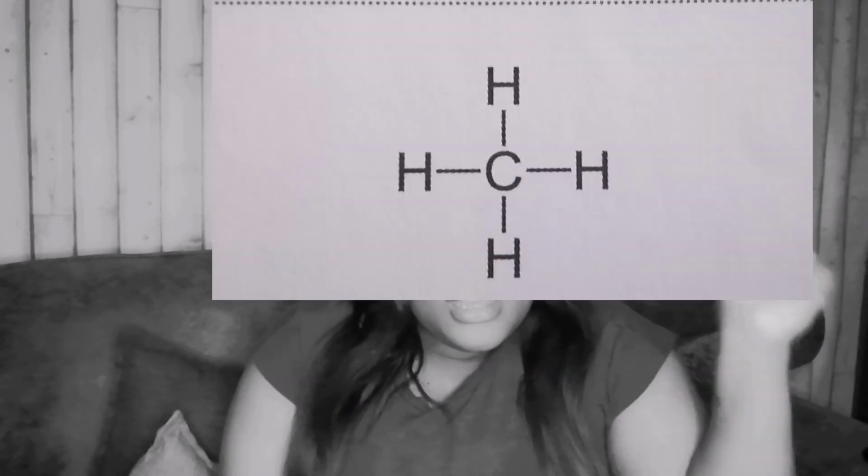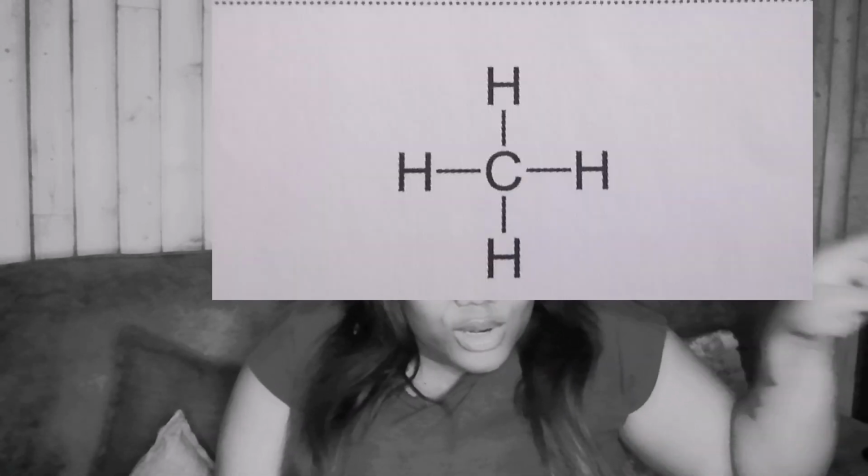You are expected to say CH4. That is the chemical formula for methane. The structural formula for methane will be C, chemical bond H, chemical bond H, chemical bond H, chemical bond H. So you'll be expected to do that.